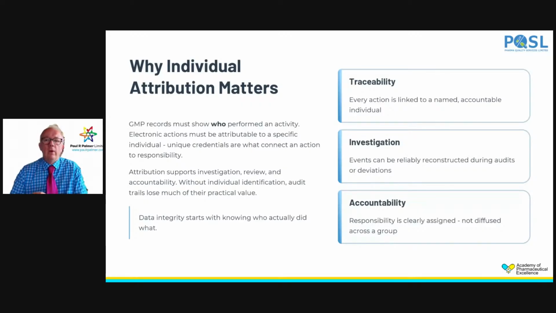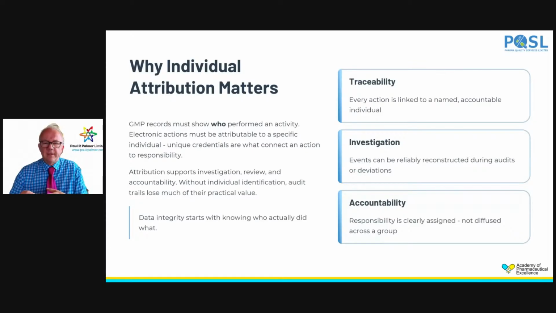When you come to an investigation, events can reliably be reconstructed during audits or deviations or a different type of investigation because you want to know what happened, who was involved, and demonstrate that the person that was involved was trained, was competent, was reliable. And of course, we have accountability.